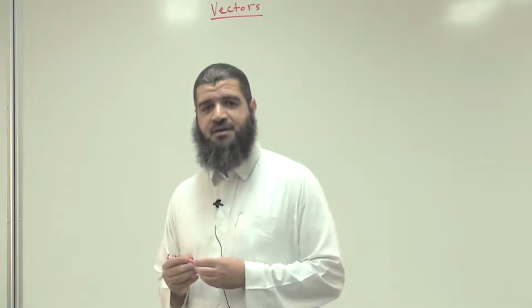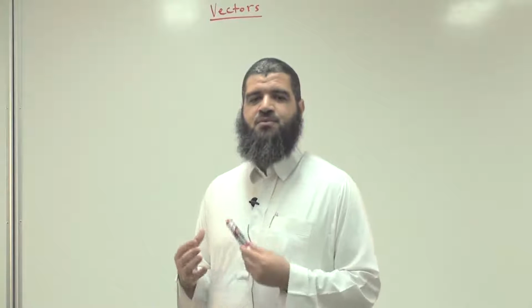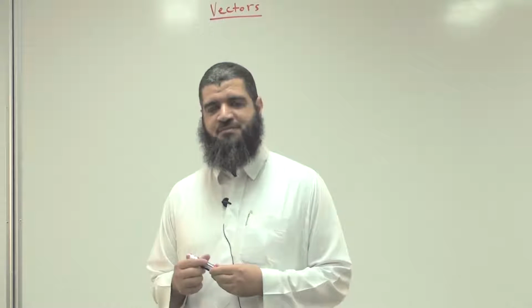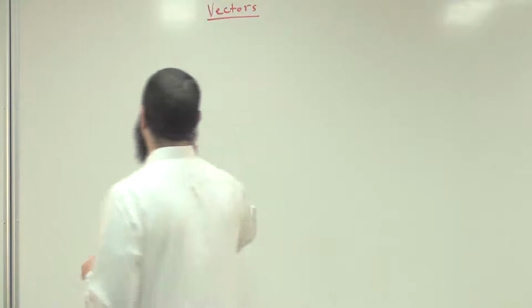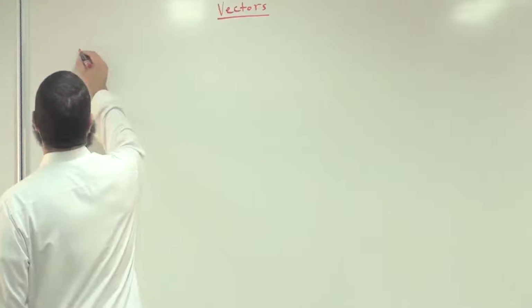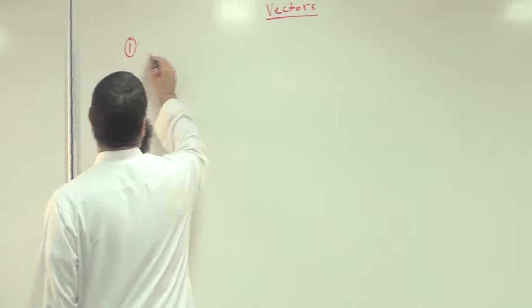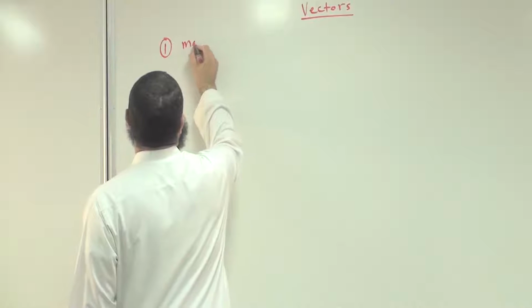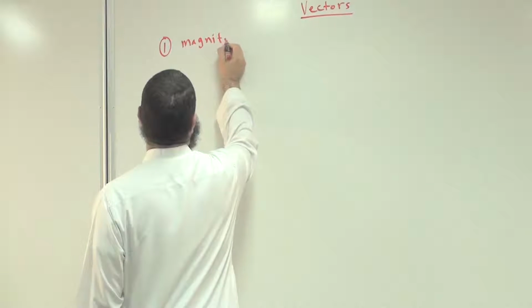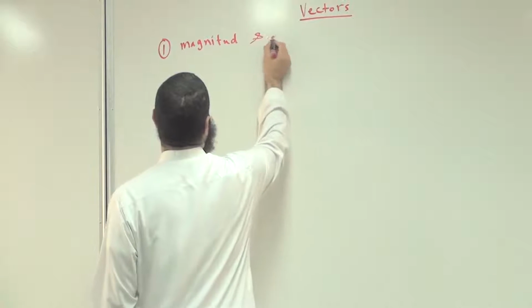Let me start by telling you what are the different ways of representing vectors. Vectors can be represented in different ways. The first way is by giving the magnitude and direction.